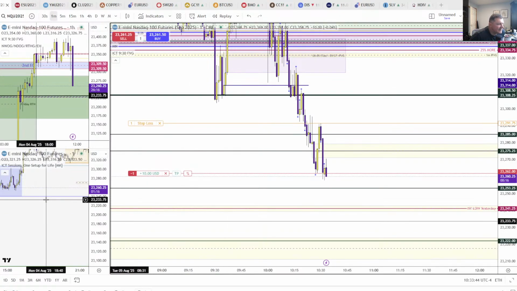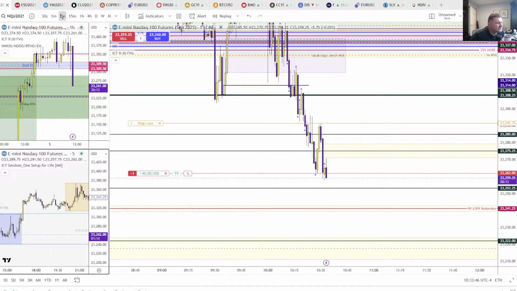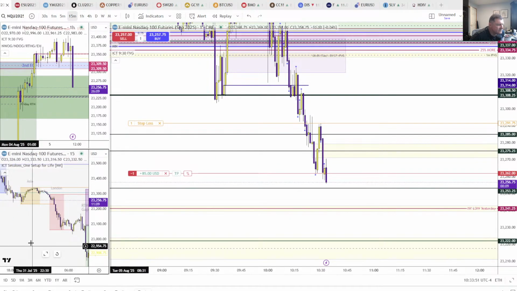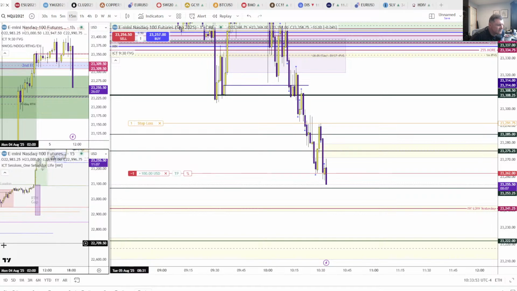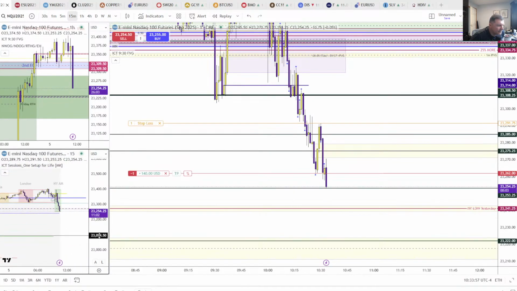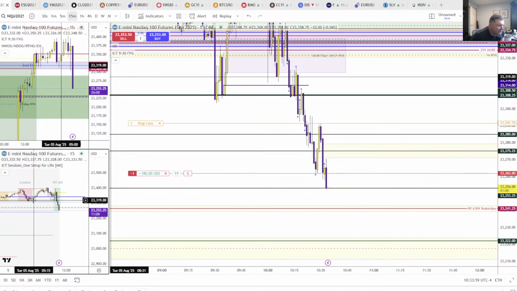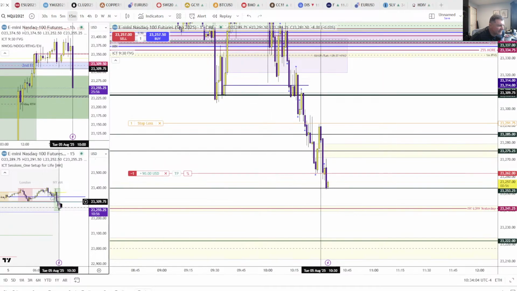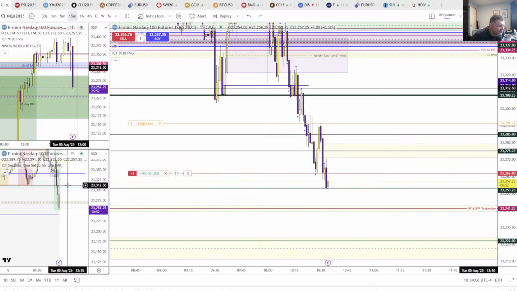Look at the 15-minute charts as a D. Yeah, we've had a retest, literally open and closed on that low. Bet you that one's actually below that low.